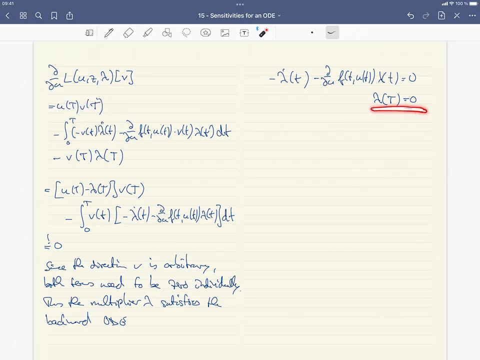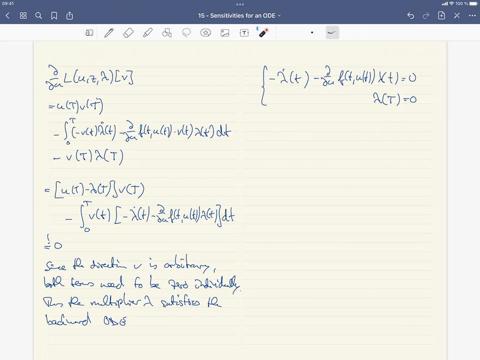And that makes sense because I'm fixing the final condition. It's an ordinary differential equation that I need to solve on the interval capital T to 0, and I'm starting at the final point in time. Putting this all together, I would solve this backward ordinary differential equation, which you remember coming from the adjoint calculus is also called the adjoint ordinary differential equation.